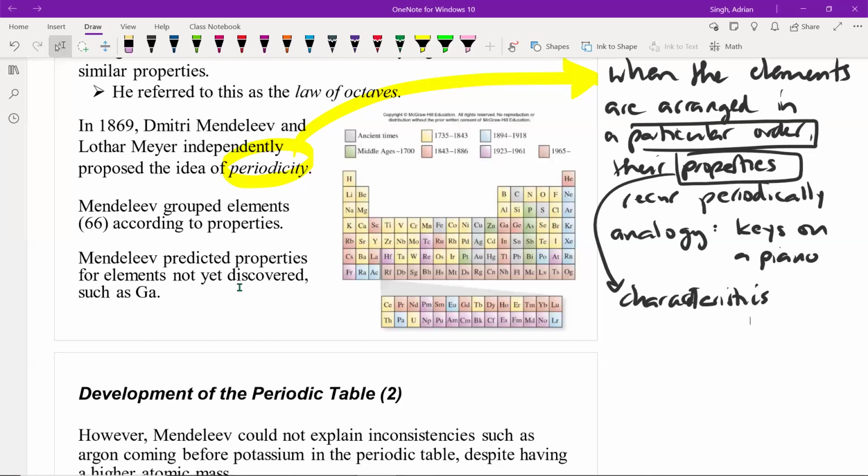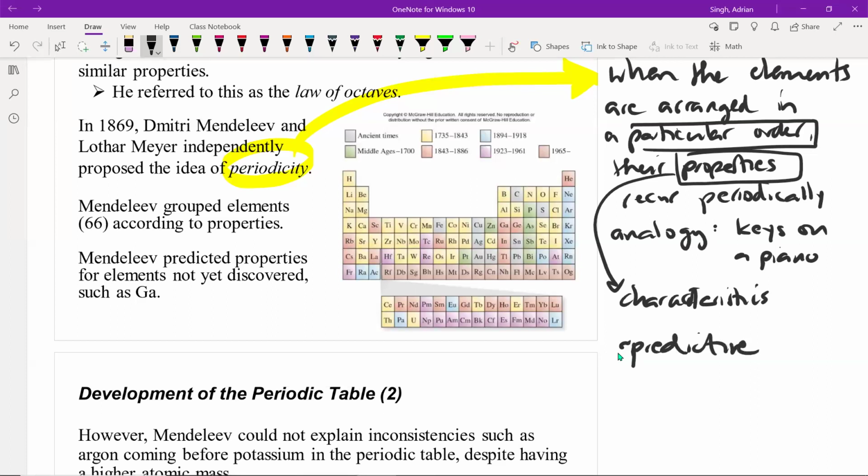However, based on this periodic pattern, this periodic law, they were able to predict some of the properties of elements they hadn't discovered yet. This is one of the hallmarks of the periodic table even today: it's very predictive. That's an important property of the periodic table, the fact that it is predictive in nature.